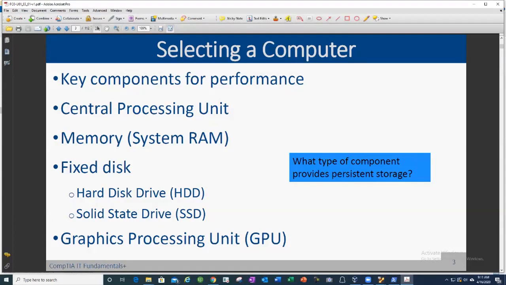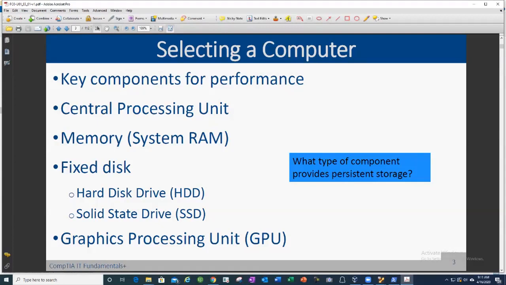So basically, there are many components in a computer, but you could say that these four are the most important when it comes to performance. The CPU, the RAM, the hard drive, and the graphics card.